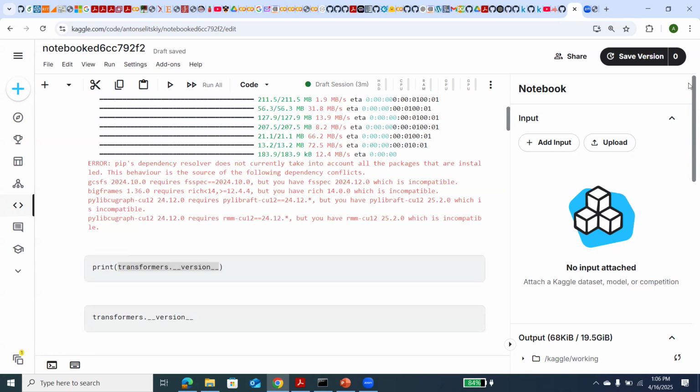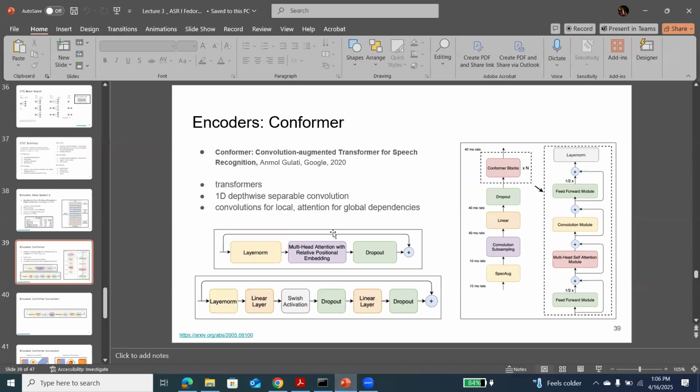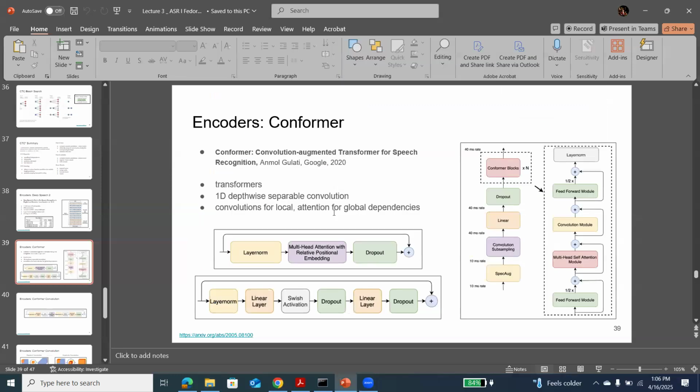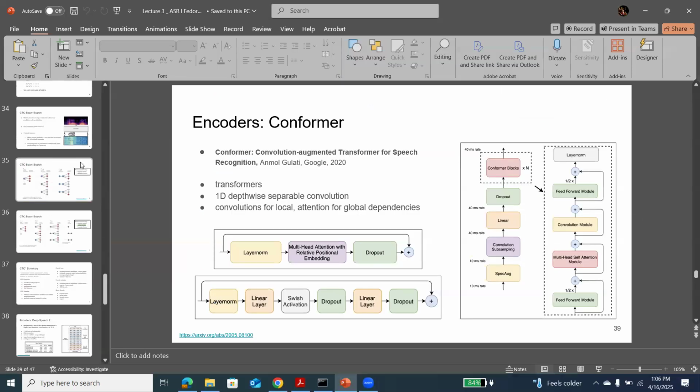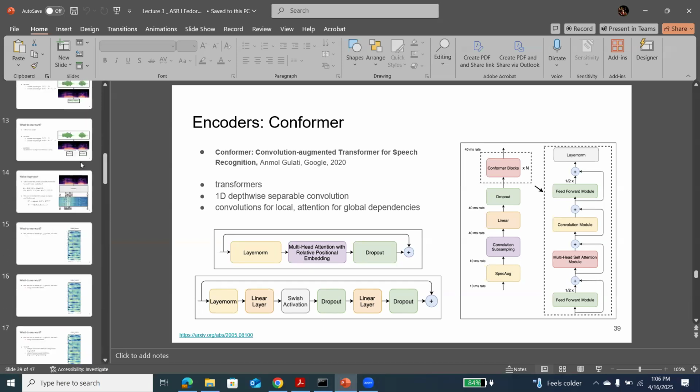homeworks. Okay, so let's finish our discussion of the speech understanding.